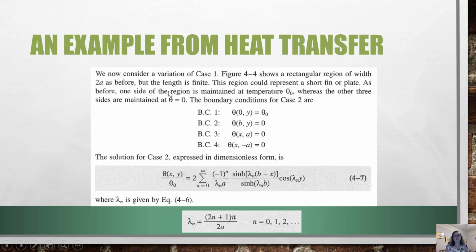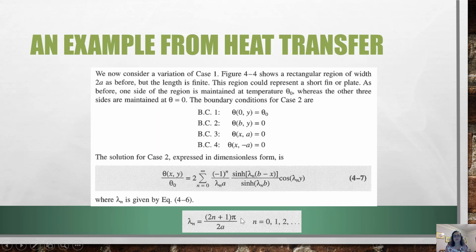Now in this problem, the solution, after a lot of work that is not for this course, we end up with this as our answer, that theta over theta naught is 2 times the sum from 0 to infinity of negative 1 to the n power, the hyperbolic sine of lambda sub n times b minus x over the hyperbolic sine of lambda sub n b times cosine of lambda sub n y.